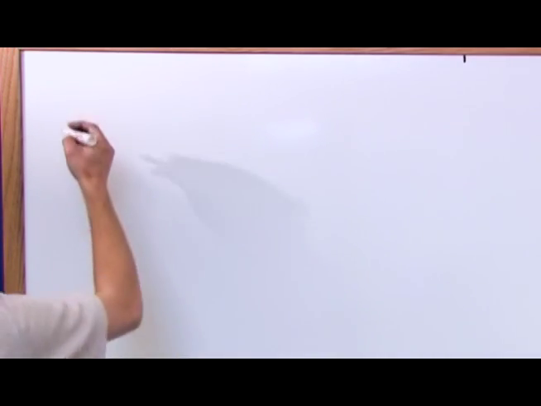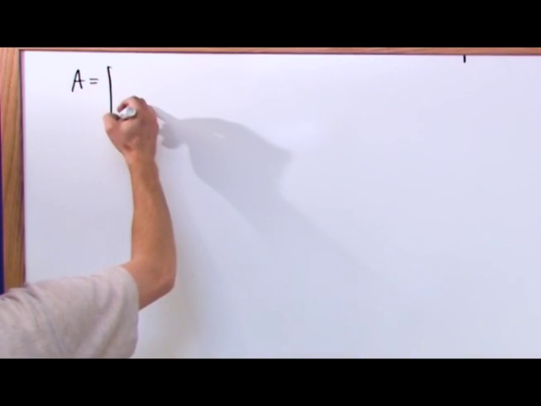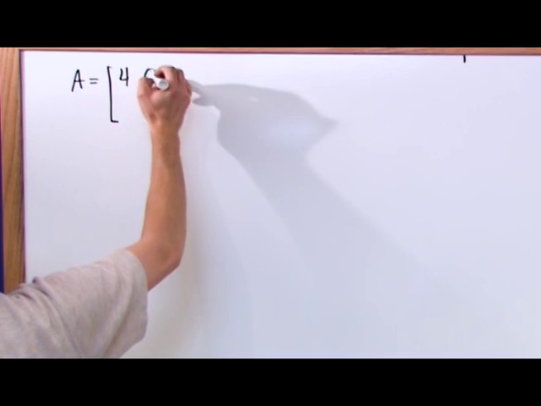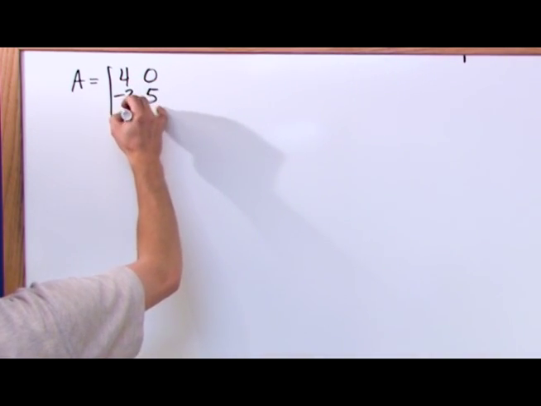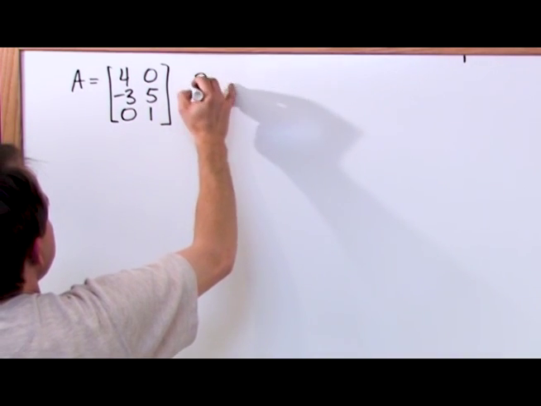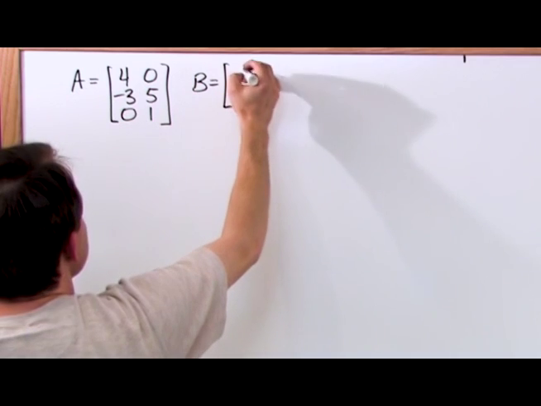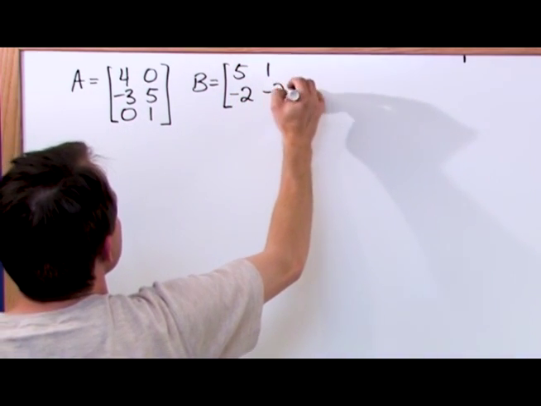Okay, so for these problems, I'm going to give you 3 matrices, and you'll see why in a minute. Matrix A is going to be looking like this: 4, 0, negative 3, 5, 0, and 1. That's a matrix. Okay. Here is a different shape matrix. It's going to be 5, 1, negative 2, negative 2.